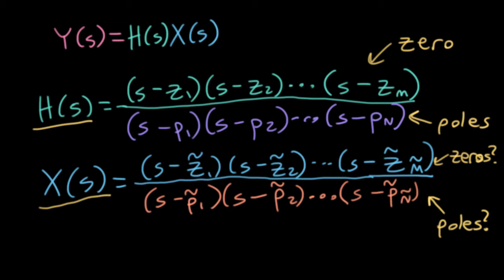So the main point I want to make is we're going to talk about poles and zeros a lot, and most of the time when we talk about it, we're referring to these roots associated with a transfer function to study how a system behaves. Over the course of doing that, I find it's very helpful to talk about the zeros and poles of some more generic signal. So I'm going to do that, but I just wanted to point out that distinction. So I'm going to play somewhat fast and loose with the terms poles and zeros.